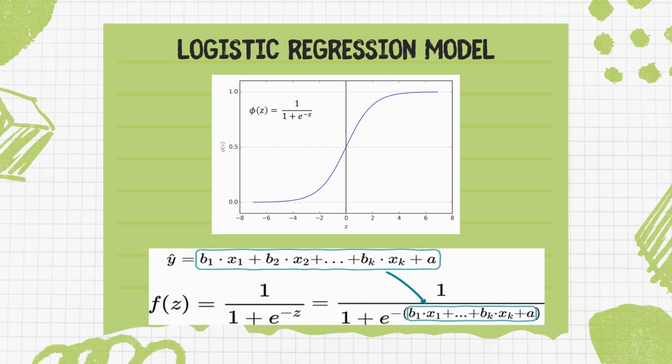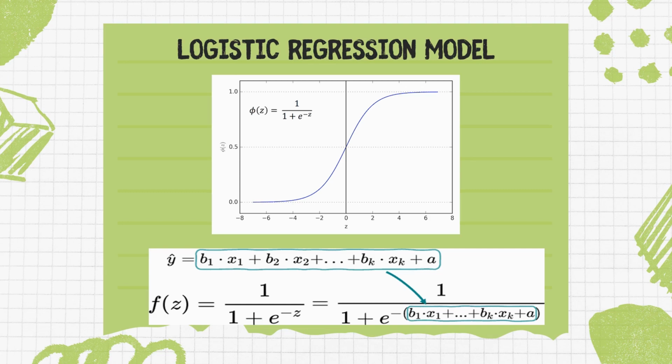The logistic regression model is often represented using what is shown here, the S-shaped curve. This curve is at the heart of the logistic regression model, and it is also called the sigmoid function. It is used to calculate the probabilities between 0 and 1 given the input.